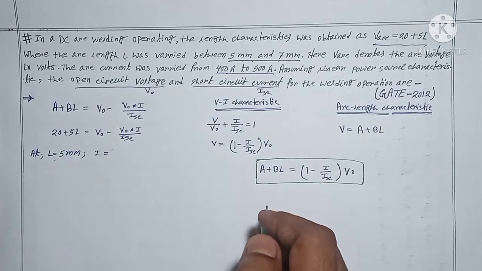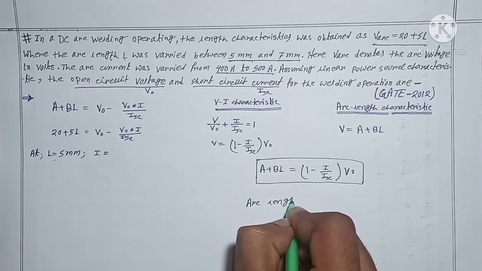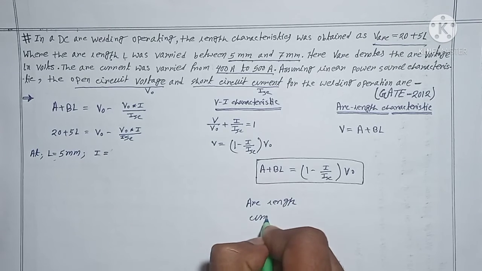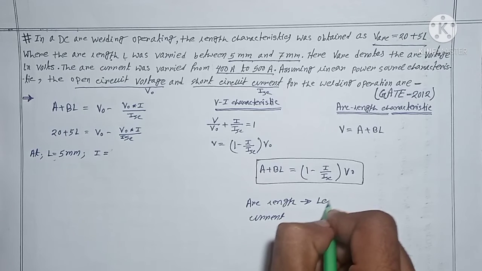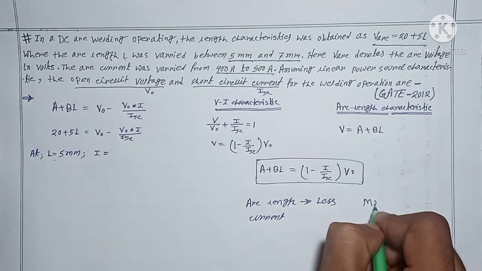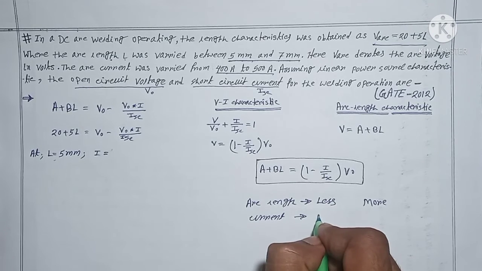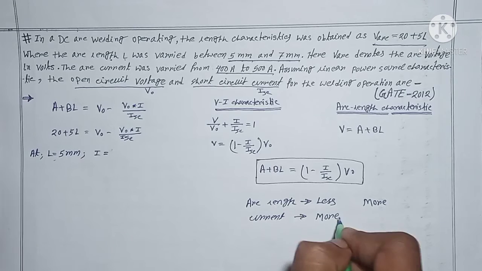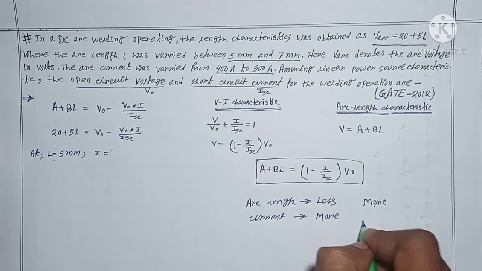One thing you have to remember about arc length and current: when the arc length is less, the corresponding current will be more. And corresponding to more arc length, current will be less.